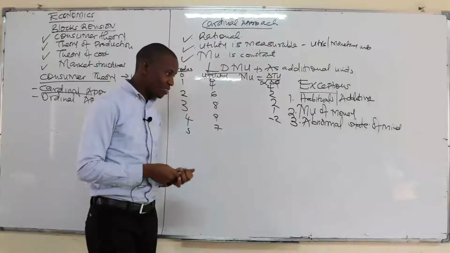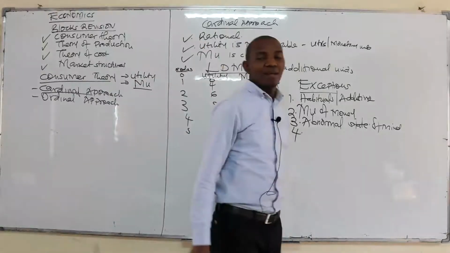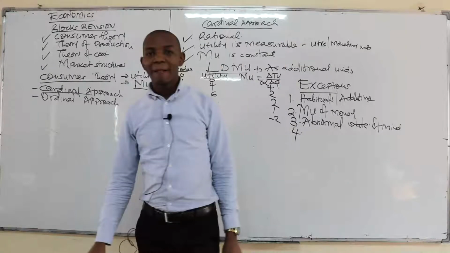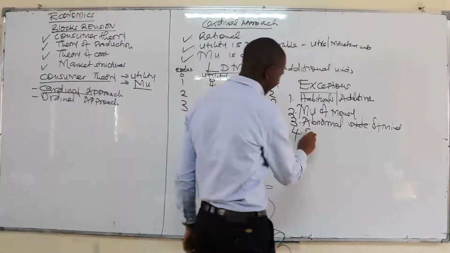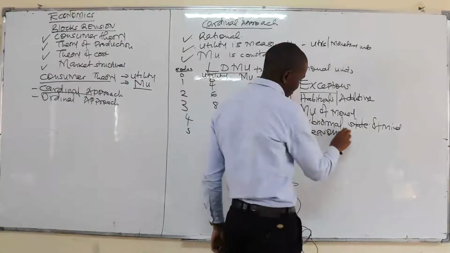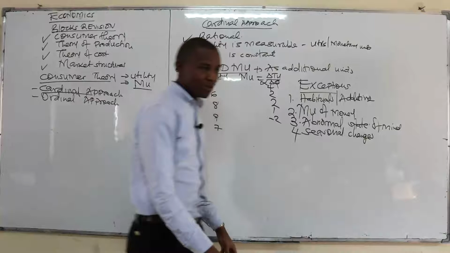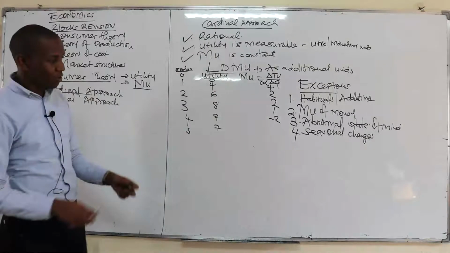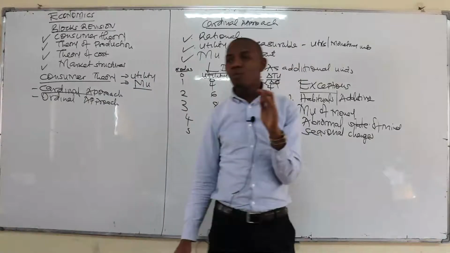What else? Seasonal? The seasonal changes. Seasonal changes. The seasonal changes. Now, when we talk about the seasonal changes here, now in this case, there are some of the commodities that are normally consumed in seasons.